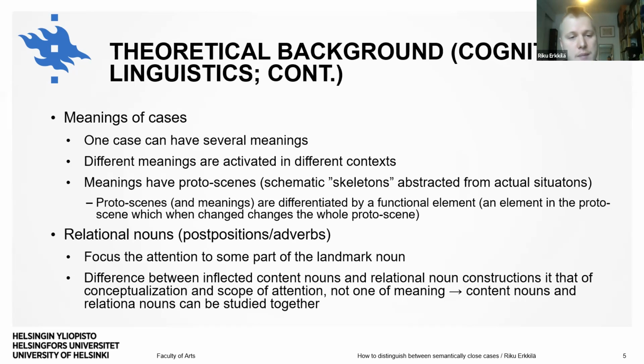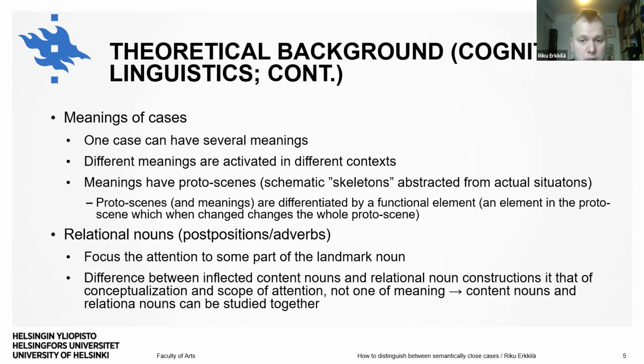And the meanings can be differentiated by a theory that Andrea Tyler and Vyvyan Evans have proposed, that the meanings have protoscenes in the minds of people, and the protoscene is some kind of a skeleton that abstractly expresses what elements an utterance needs so that a certain meaning is activated when the case is added to the situation.